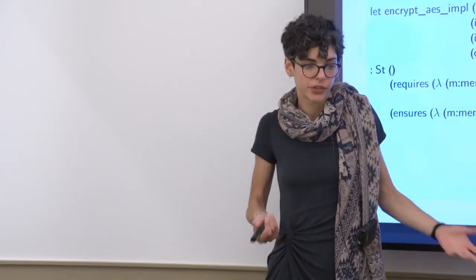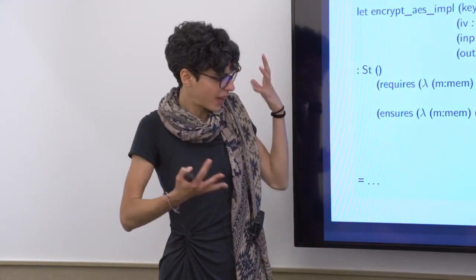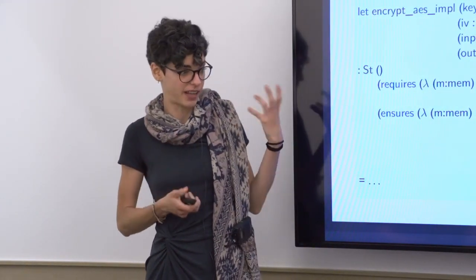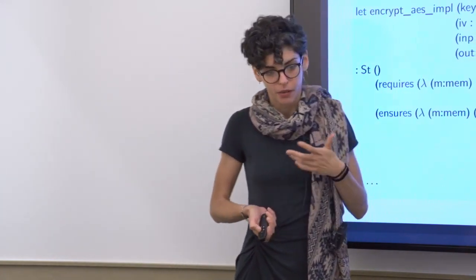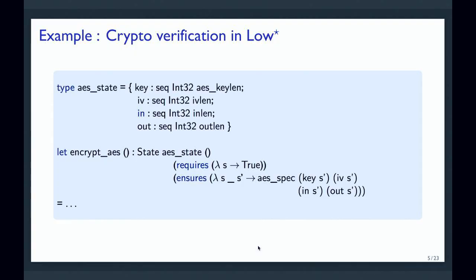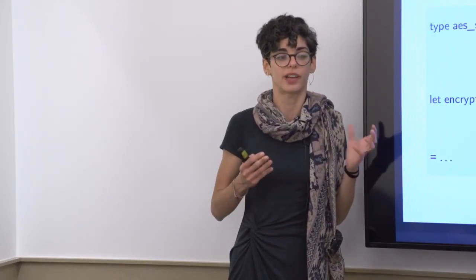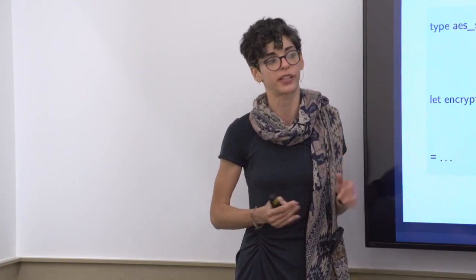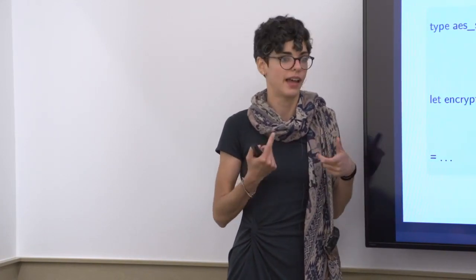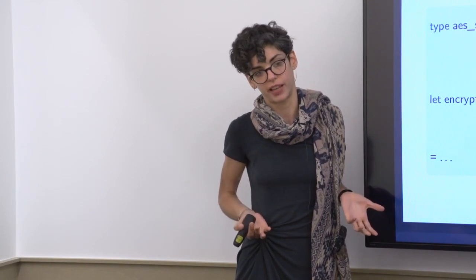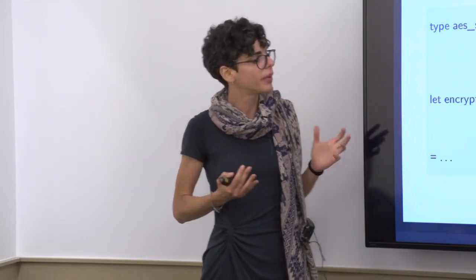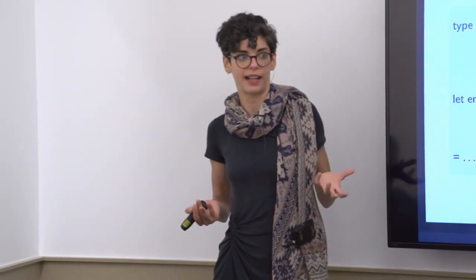So to alleviate some of the boilerplate in this proof, what is common is to provide a high-level implementation of the encryption scheme. And this high-level implementation, instead of having access to the full C memory model, will only have access to a very customized memory model where one does not have to reason about liveness, and in addition, we can control the amount of aliasing that is going on.